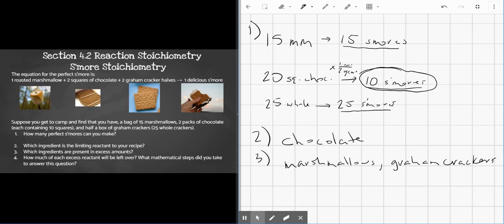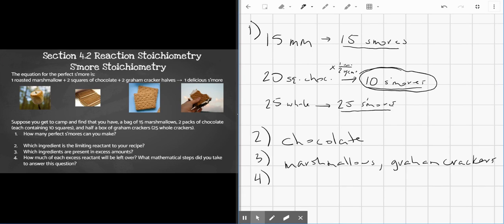But after we make our s'mores, we have some of those left. That means they're in excess. And usually in a real chemistry problem, the excess reactants just means that you have plenty of it. It's not going to limit your product. So basically we can ignore the marshmallows and graham crackers and only worry about the chocolate, because that's the one that's going to limit how much we can make.